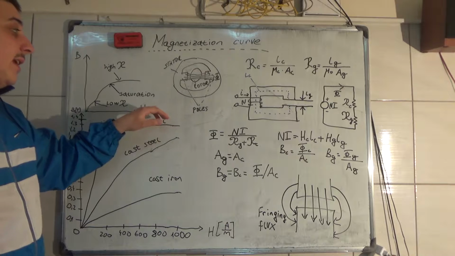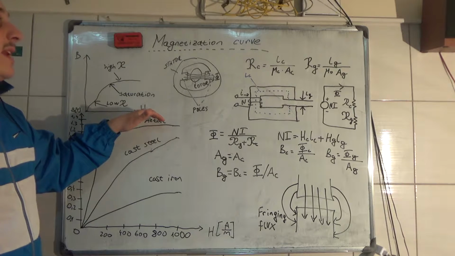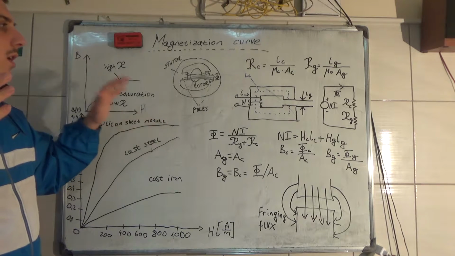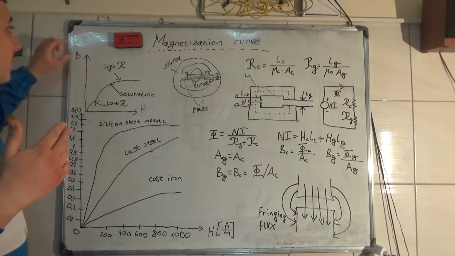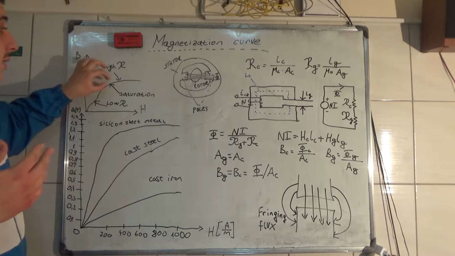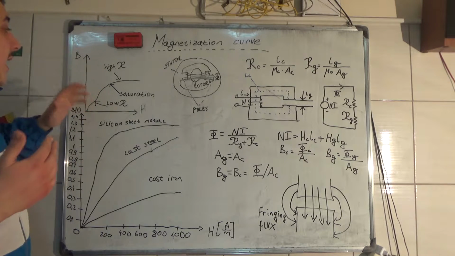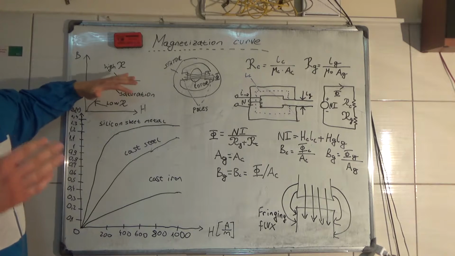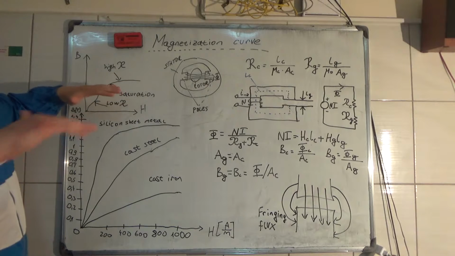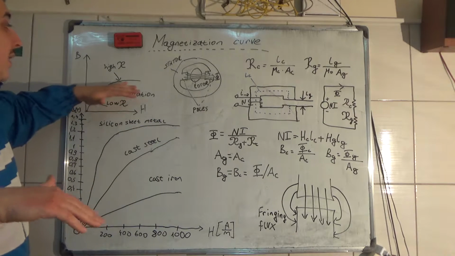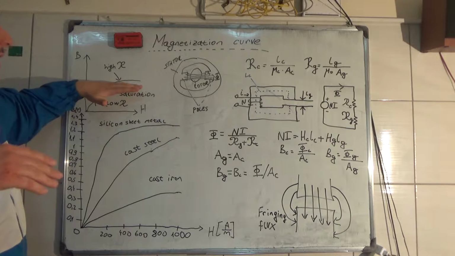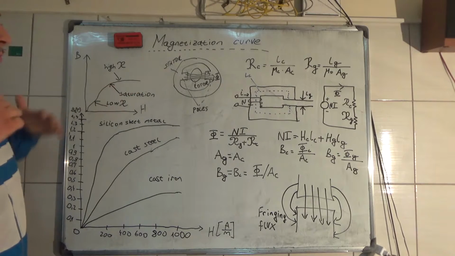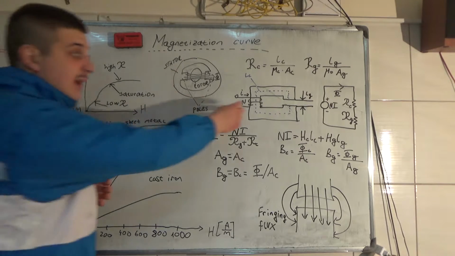We can theoretically go with the magnetic field intensity to infinity, but it has its own saturation point, and from this point to the right, the curve is steady. So you have almost the same amount of magnetic flux density in the magnetic material.